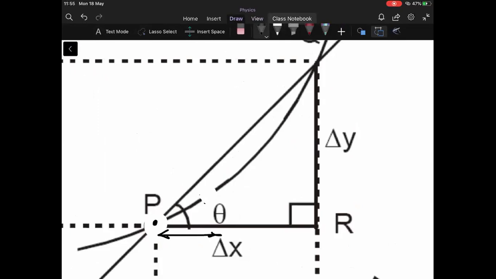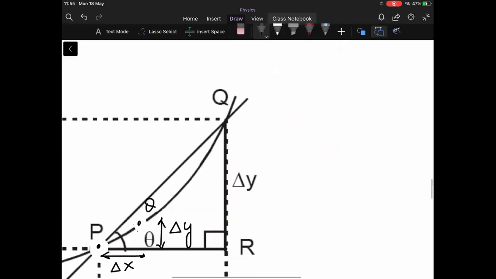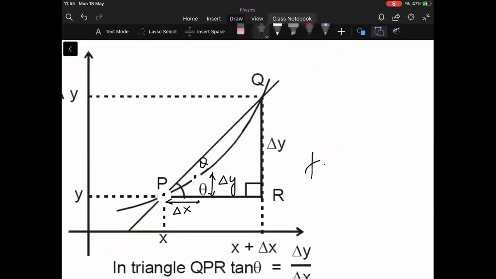This is point P and this is point Q. This is delta x, and this is delta y. So now if you calculate tan theta, it is equal to delta y by delta x.